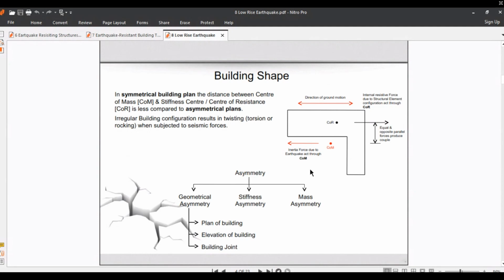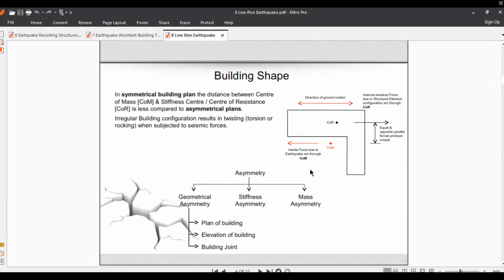You can see the center of mass is outside of the shapes. You can see the direction of ground motions. And the internal resistive force due to structure element configurations acts through COR. Equal and opposite parallel forces produce a couple based on COR.